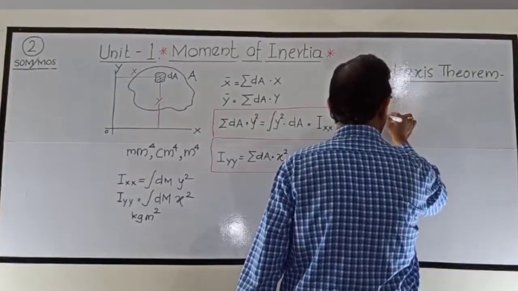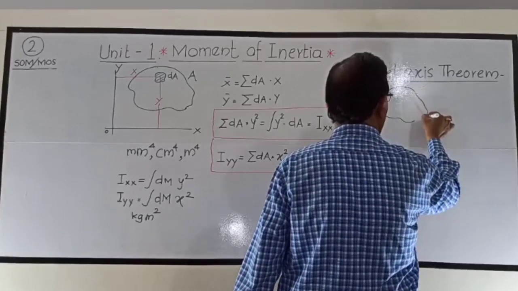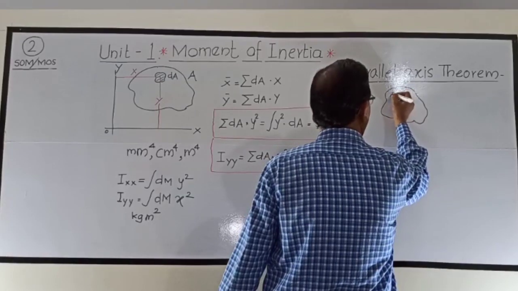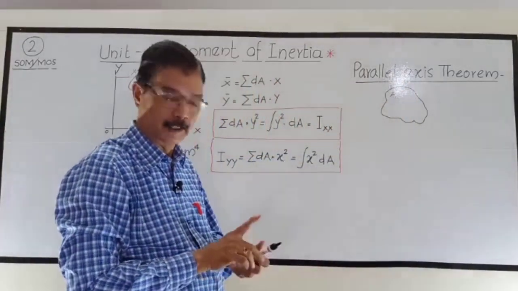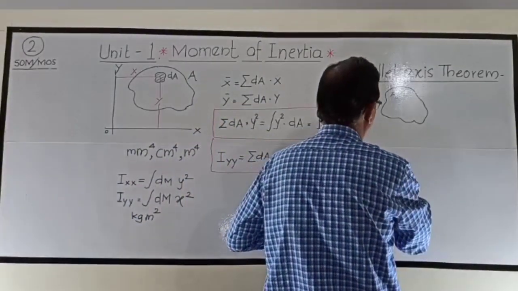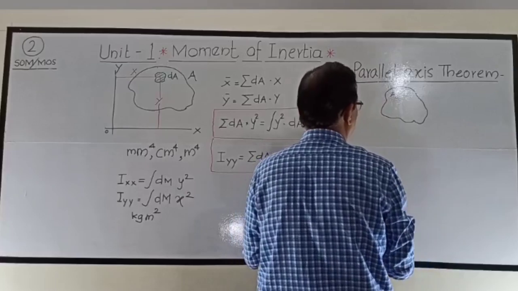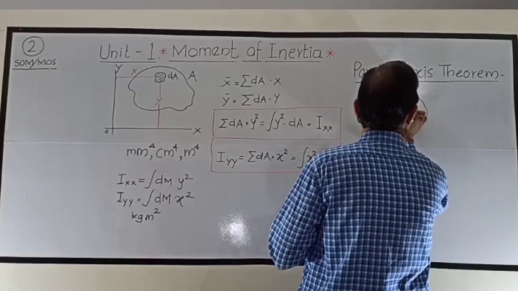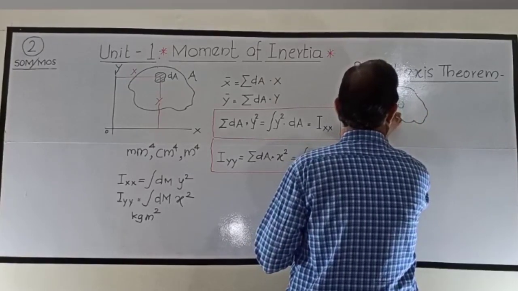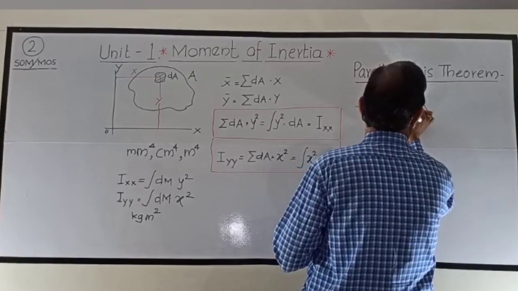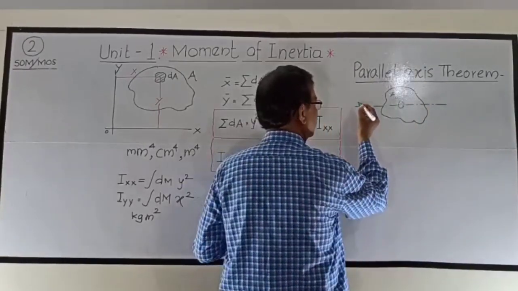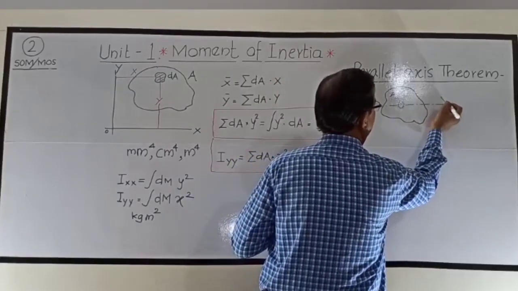Again consider a lamina, say A. This is the centroid and this is the horizontal axis passing through the centroid. As it is a horizontal axis, it is the x-axis.